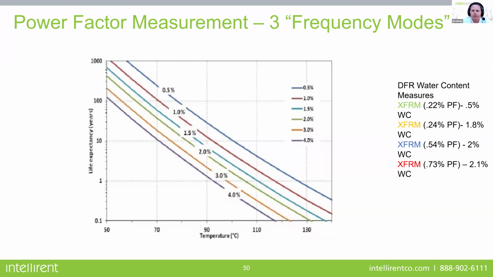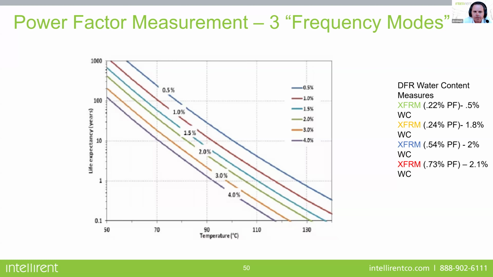These curves just show you the impact of how much water can affect the life expectancy of a transformer. If the temperature of the transformer is around 90 degrees, at a half a percent it would last around 50 years or so, and then at 2% it would last around 7 years.